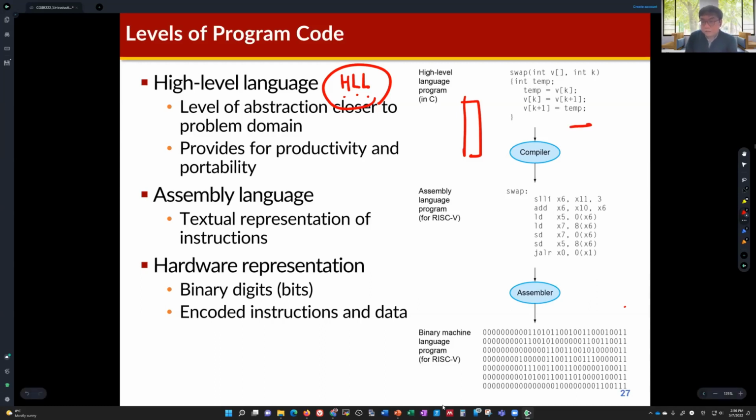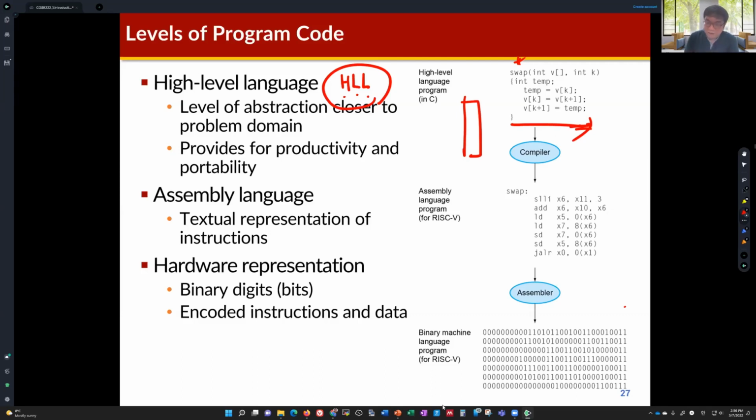So this is an example of high-level code written in high-level languages. This code is written in C. If we see this code, there are some English words like swap, integer, temp, data. So we can understand how this program works.